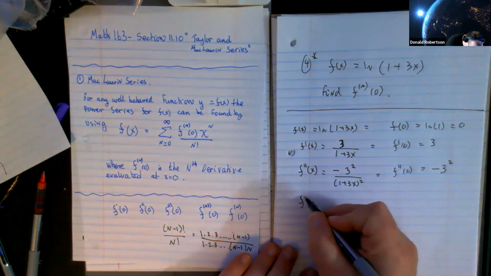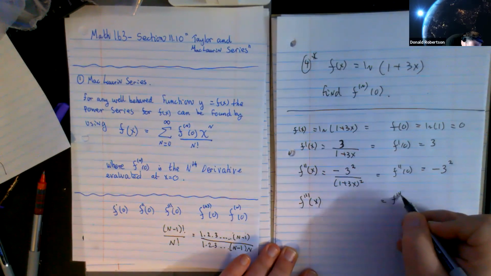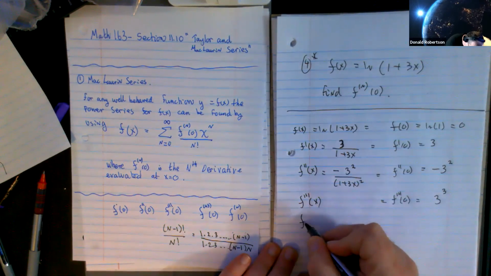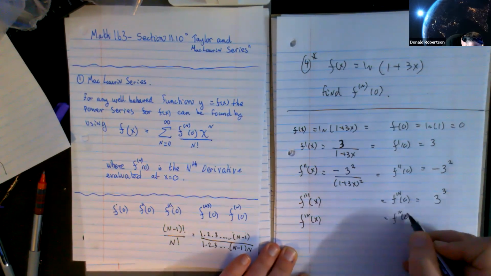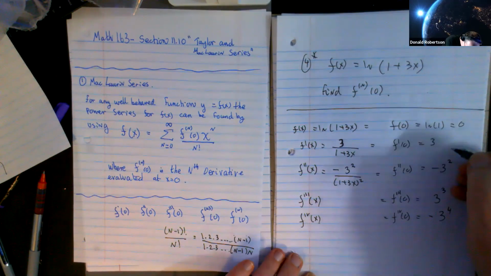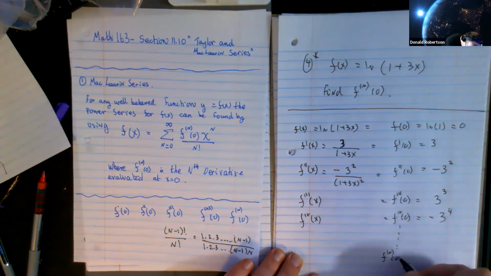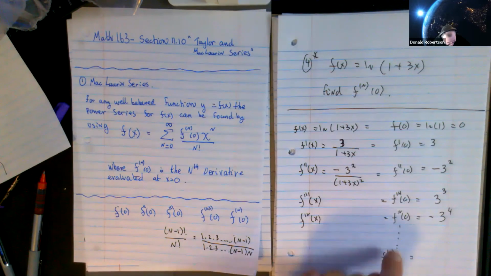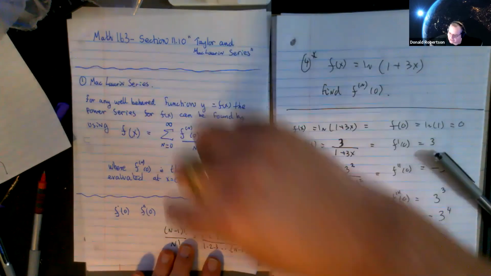So I'm now going to tell you what the third answer is at 0. And I'm going to tell you the fourth derivative answer at 0. And if you see a pattern, which eventually you have to, or you're not going to be answering this question, we should be able to figure out the nth derivative. And if we figure that out, I just pick it up and stick it here and we're finished.